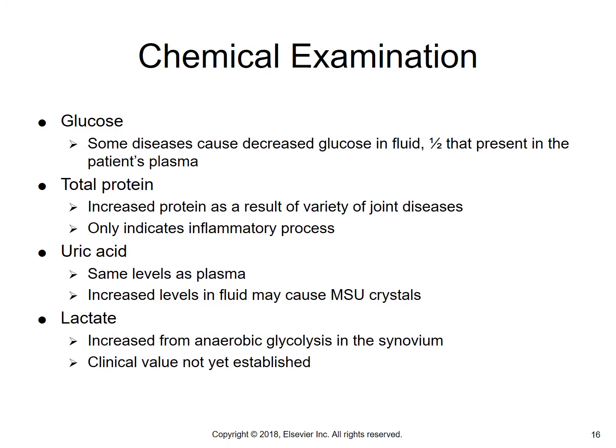Now, chemical analysis has been done on synovial fluids as well, but few analytes really provide any diagnostic information. Uric acid is similar to plasma, but you can see increased levels due to the monosodium urate crystals, which are indicative of gout. As for glucose, the evaluation has to be drawn at the same time as a blood plasma level.